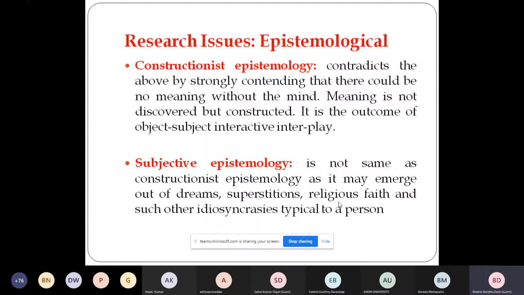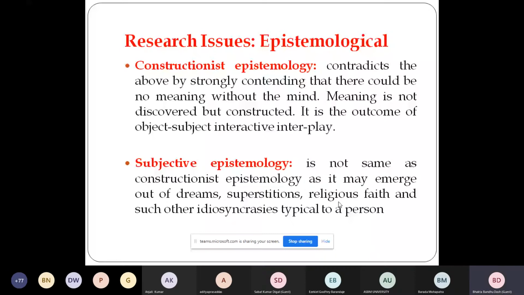So we may not accept it, but we are not rejecting it. Somehow it has some relevancy, and that is also pictured in the process of research. So whenever you design the process, you take not only the ontological base but also the epistemological base, considering objective, constructive, as well as subjective epistemology.